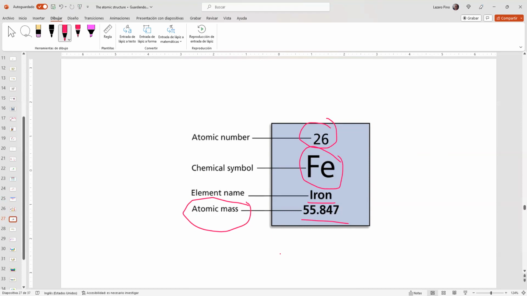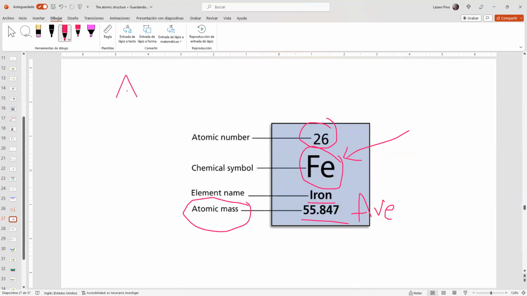Do we have pieces of protons and pieces of neutrons? No, it's because it's the average of the atomic mass of the different isotopes of the atom of iron.